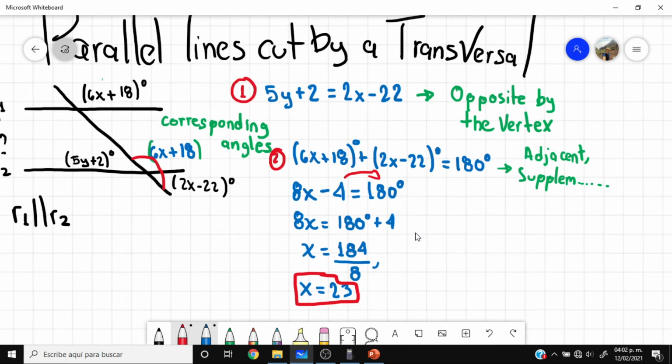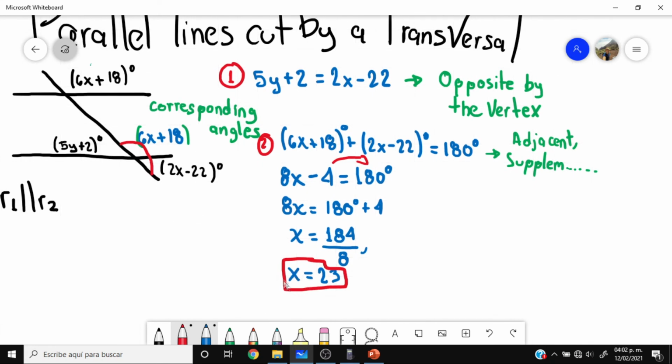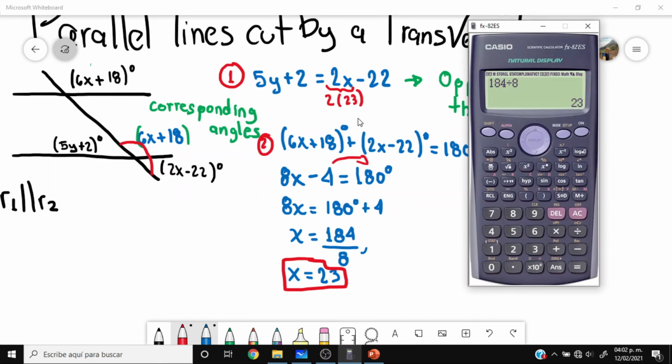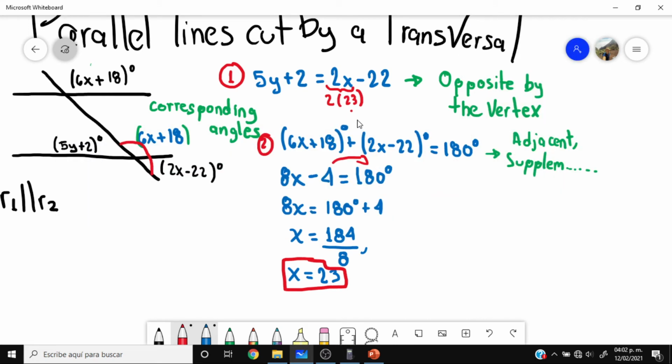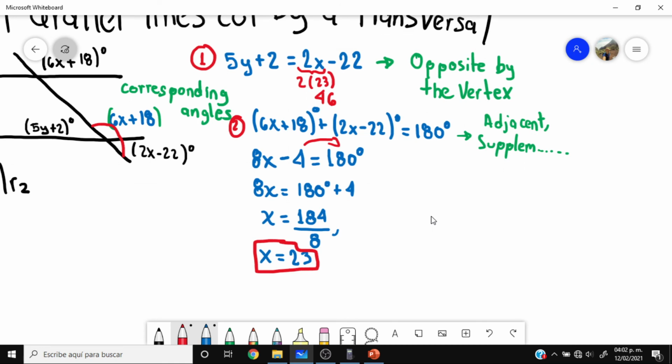Now, in order to find the value of y, I'm going to substitute this value of x in here. So this one will be 2 times 23. How much is that? It's going to be 46. So 2x equals 46, and that equation I'm going to write over here, but with the value of 2x already substituted.